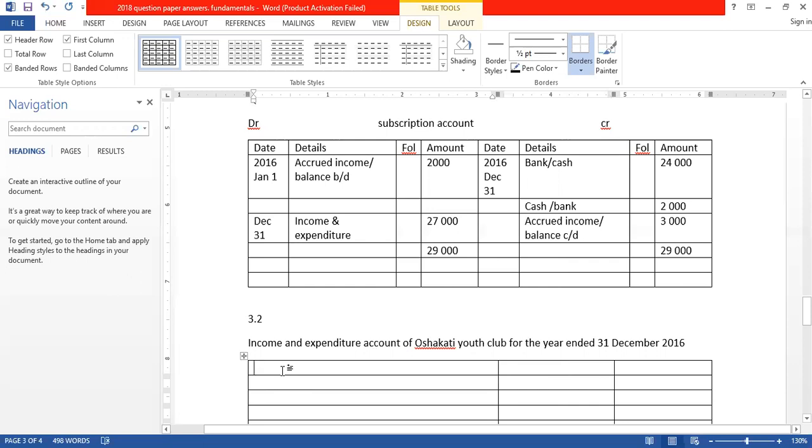There are actually two formats, both the vertical and horizontal, but I love using this one, just like the normal income statement of trading businesses.